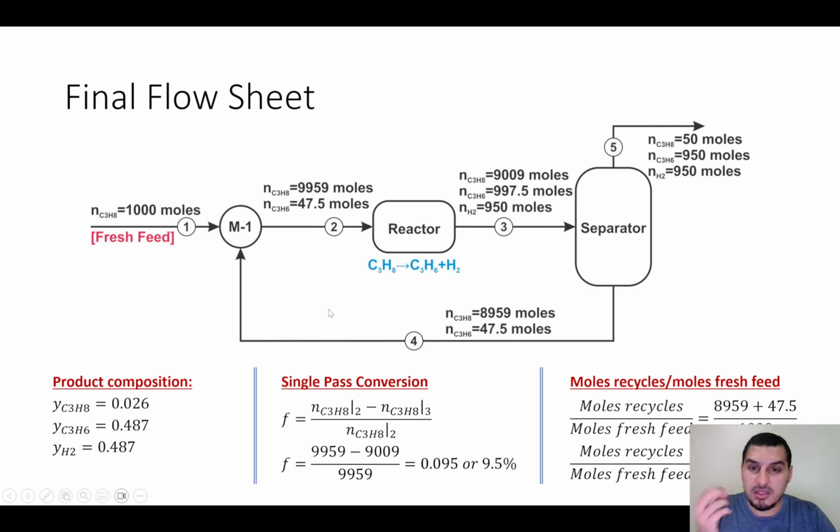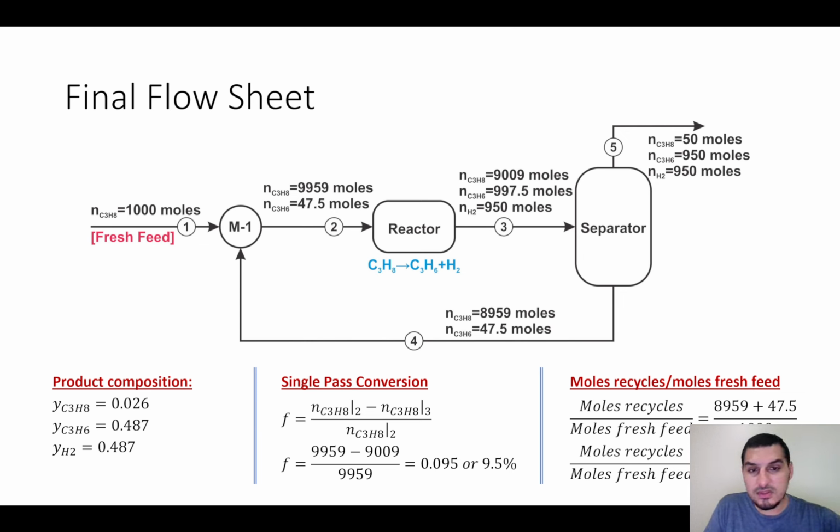I want you to imagine that for every 10 moles entering the reactor, 9 of them are recycled from the separator. So the majority of the feed going to the reactor is originally from the recycle stream, not from the feed stream. And this is a very expected thing.